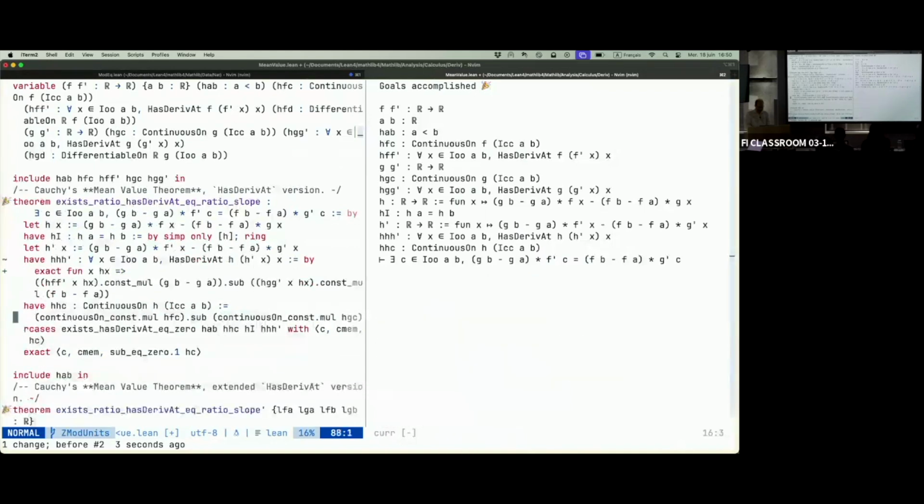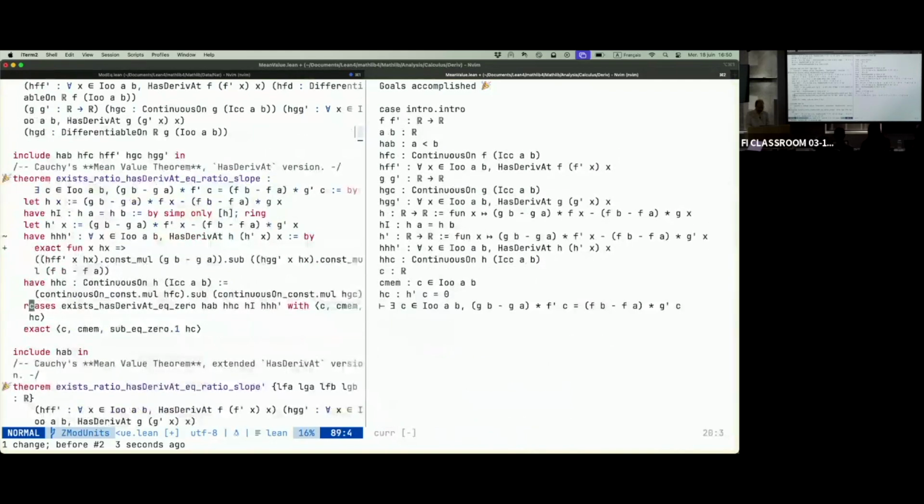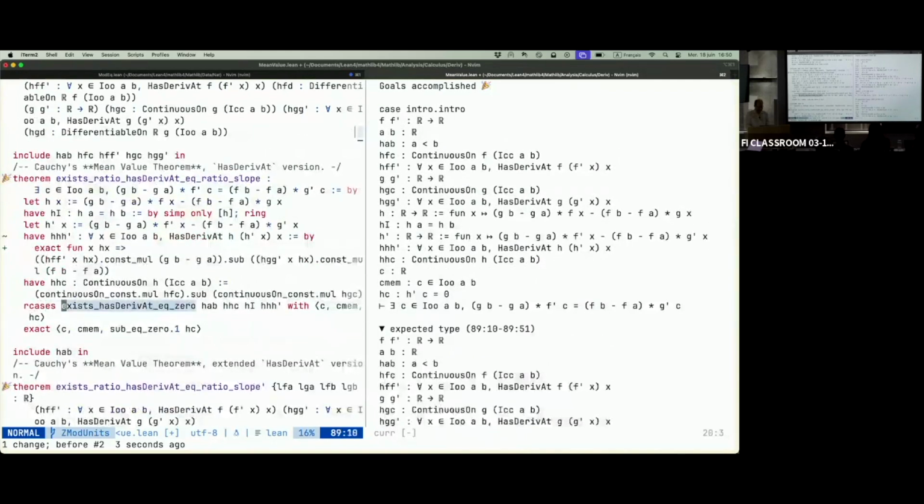And now from that, there is this fancy lemma exists_hasDerivAt_eq_zero. Maybe we should go to it. That apparently takes many arguments. The hab is that a has to be strictly smaller than b. It's over there. hfc means that there's continuity on the closed interval. hfI, that both values are equal.